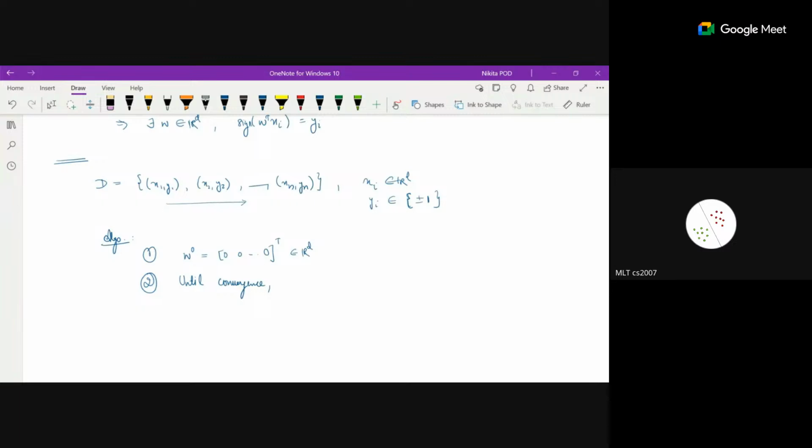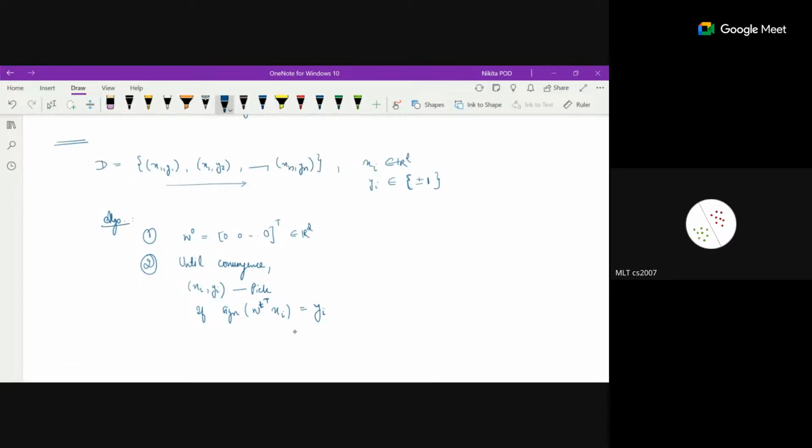Let's pick some data point from here, and in general, let's say I have picked xi, yi. Once we have picked this, I am going to check whether the sign of W_t transpose xi, where t denotes the number of iterations, is equal to yi. If the sign of W_t transpose xi is exactly equal to yi, then we do nothing.